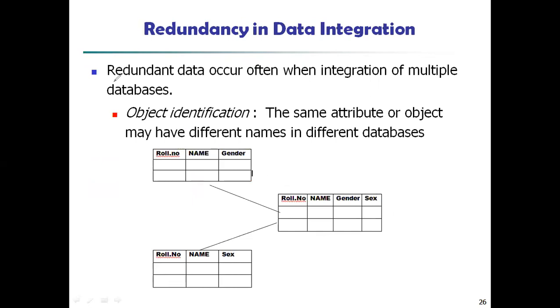What is redundancy here? Redundancy means it may be a duplicate one. Redundant data means duplicate data. The duplicate data may occur while joining more than one table into a single table. In data integration, we perform merging of multiple databases into a single database.